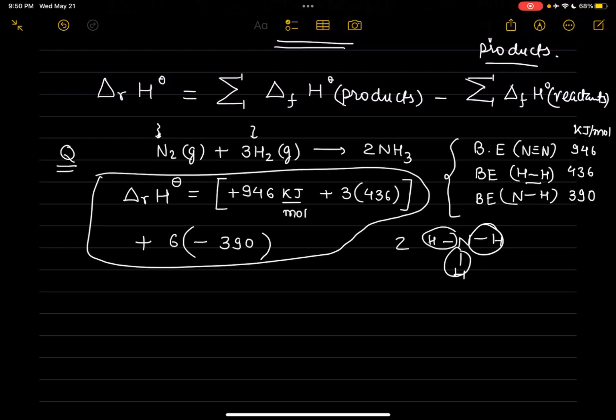I will count the bonds individually, and the total number of bonds formed, that much heat I will release. I will put a negative sign on the bonds being formed on the product side. Is it clear? So just calculate it quickly and tell me what the heat of reaction is going to be.